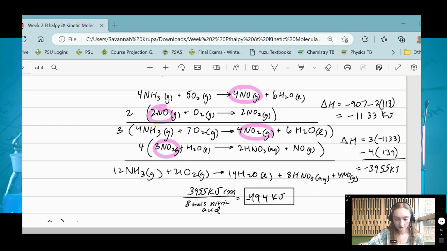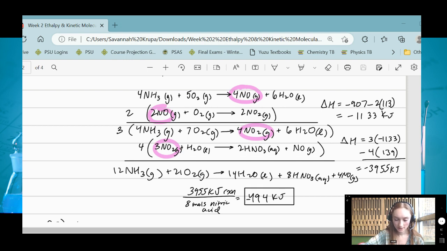So looking at all of these, we have NH3, oxygen gas, NO, water, another oxygen gas, an NO2, another NO, another NO2, another water, HNO3, which is the nitric acid, and then another NO.